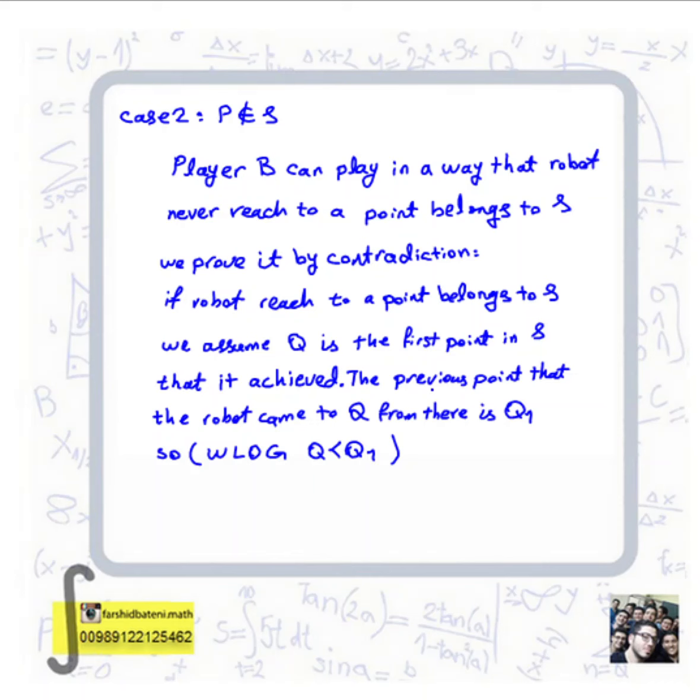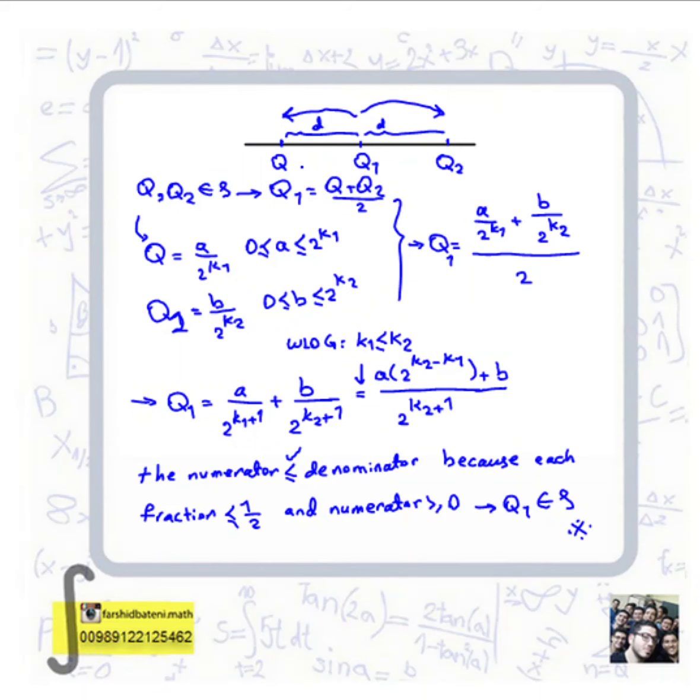Now we consider the previous point from which the robot came to Q, and we name it Q1. Without loss of generality, we assume Q is less than Q1. Now we write them on the x-axis. The distance of Q1 and Q2 is D, and Q and Q1 is also D.